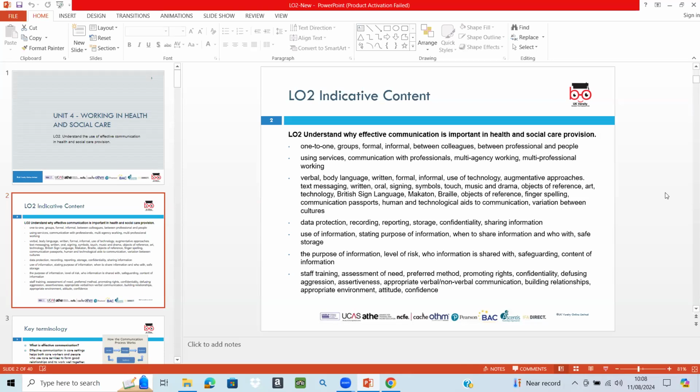For example, if a nurse or a care provider clearly explain a medication to a patient or a service user, the service user is more likely to adhere to it. So what it will do, reducing the chances of complication. And on the other hand, poor communication can lead to misunderstanding, non-compliance, and even harm.